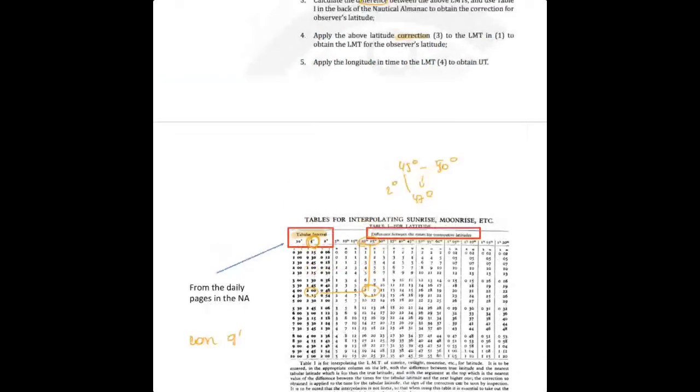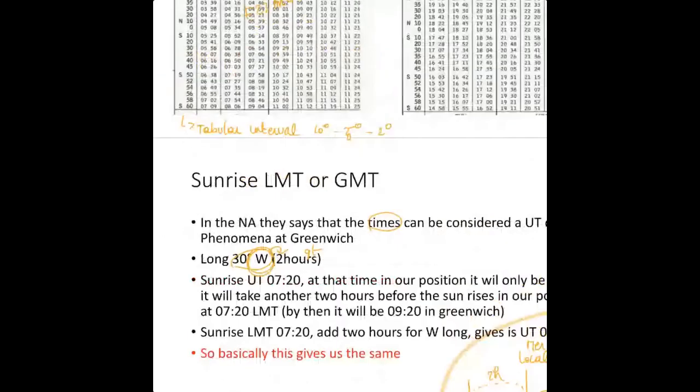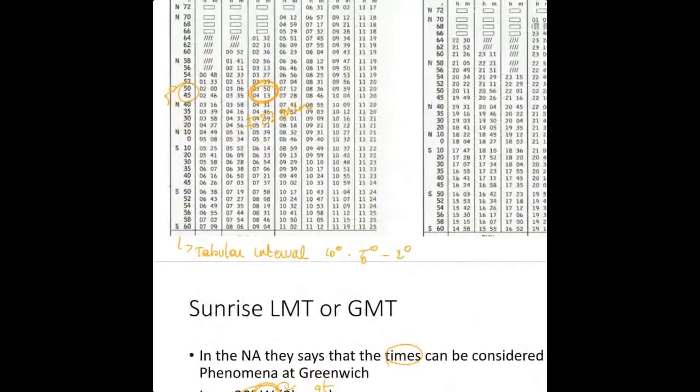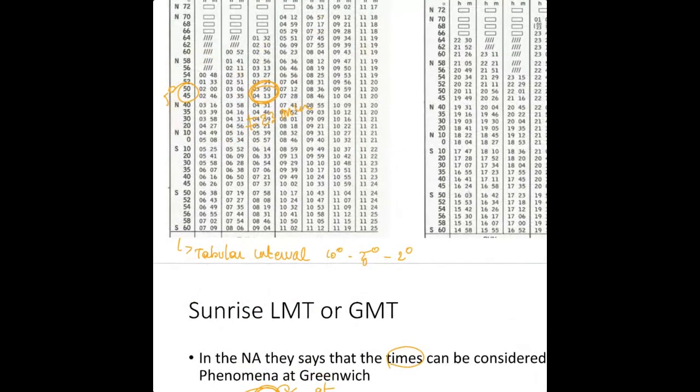And so what will I have to do? We'll make an exercise on that later on. In this case I have to subtract my 9 minutes, because at 50 degrees we had 3 hours 50, and at 45 degrees we had a sunrise at 4:13. But we are somewhere at 47 degrees.